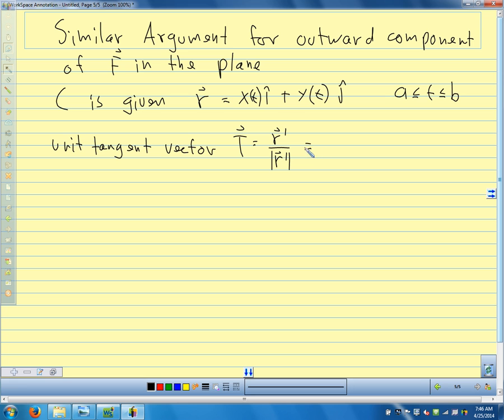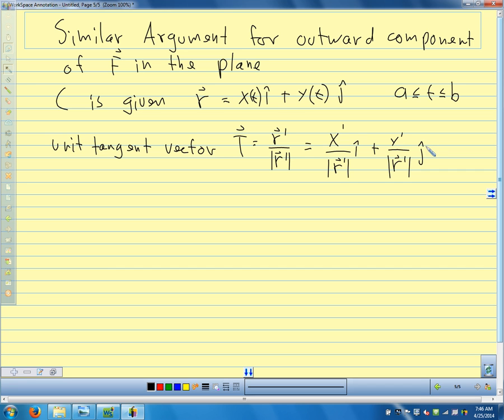If we write that out in components, that's x prime over the magnitude of r prime i hat plus y prime over the magnitude of r prime j hat.